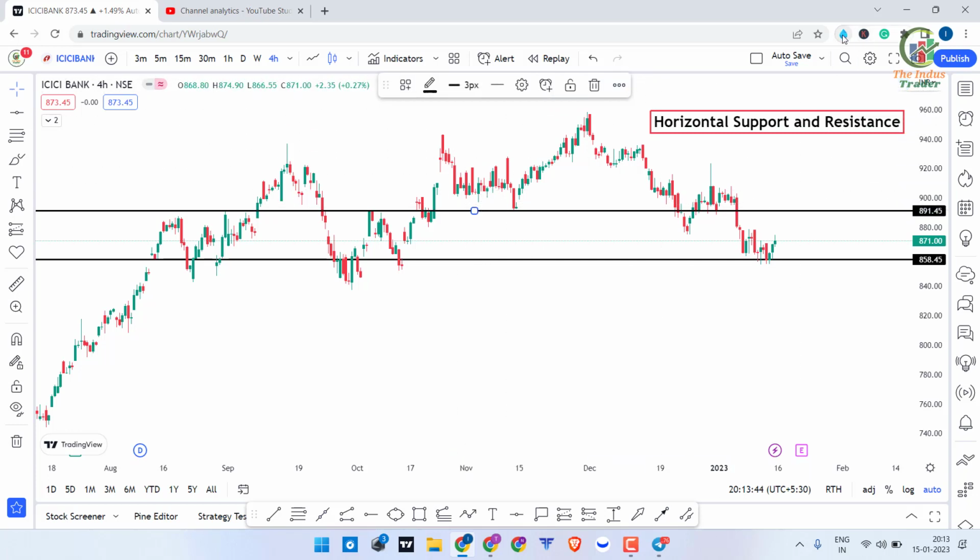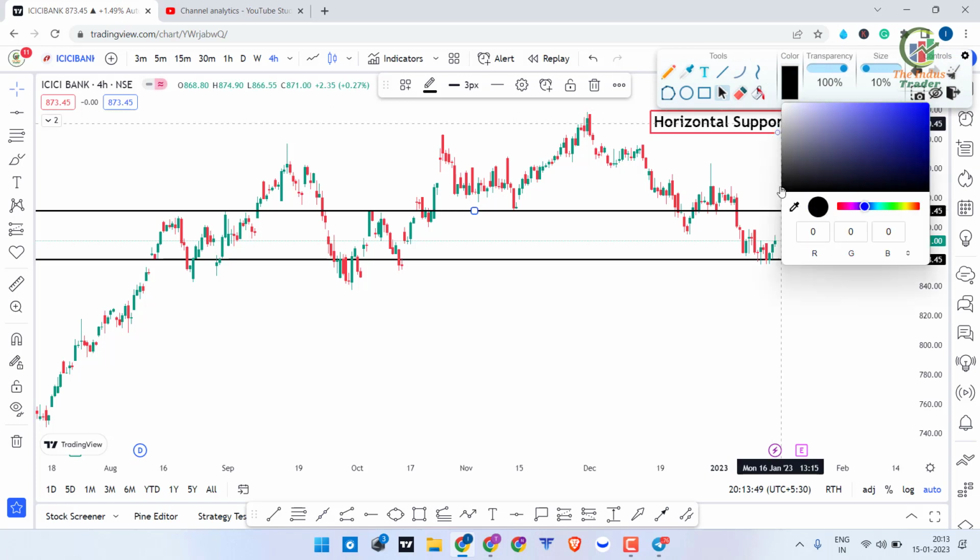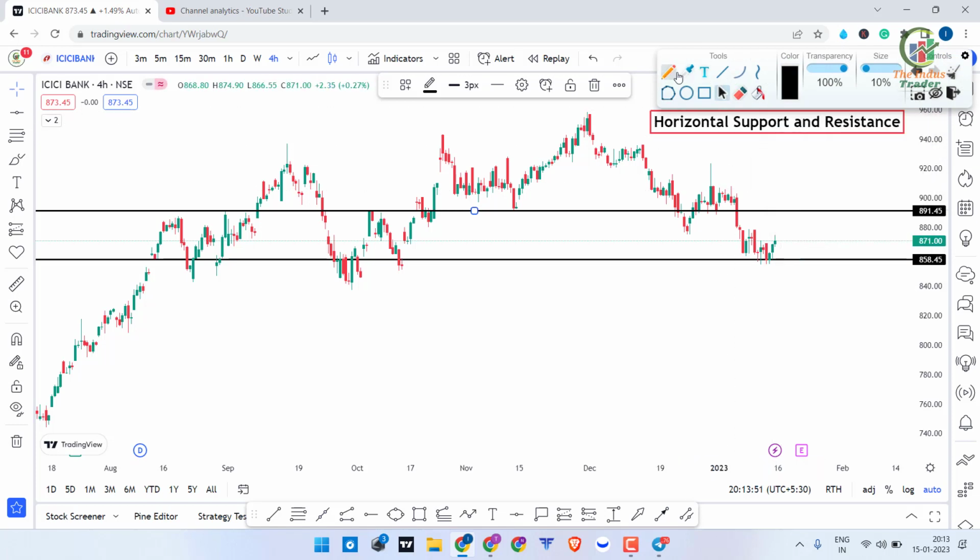If you remember, in the trend line concept I clearly explained trend lines. I give importance to maximum touches. If you are following my series, you know the same rule applies here.